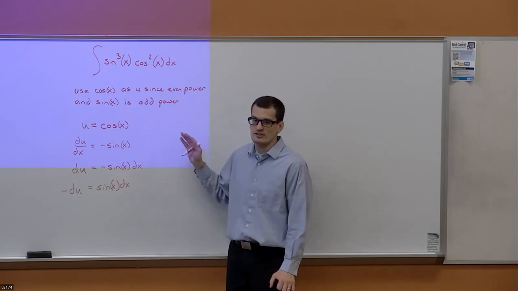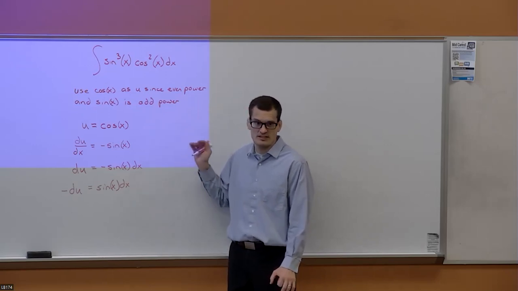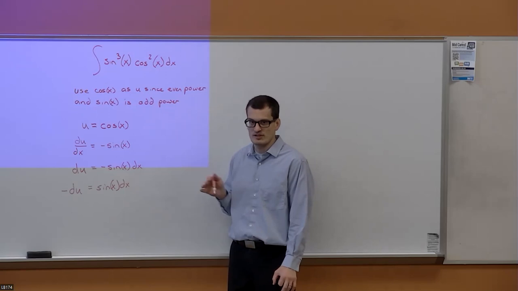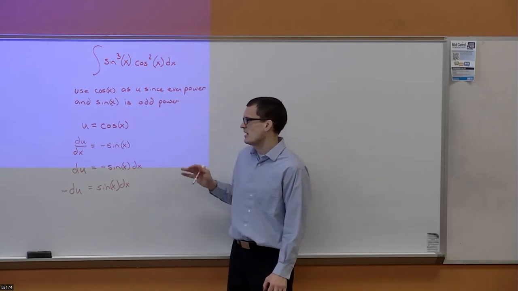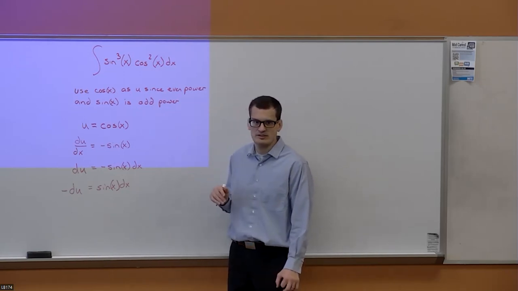Now this rule here is for sines and cosines. If you're dealing with other trig functions, it works a little bit different. All right, so this rule, just for sines and cosines, other trig functions will work a little bit different.